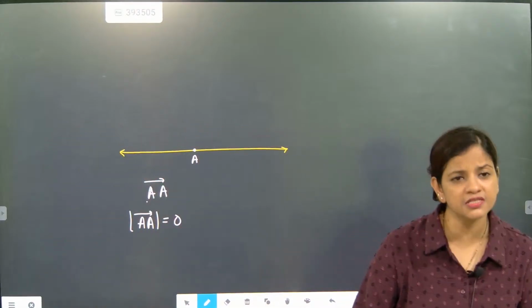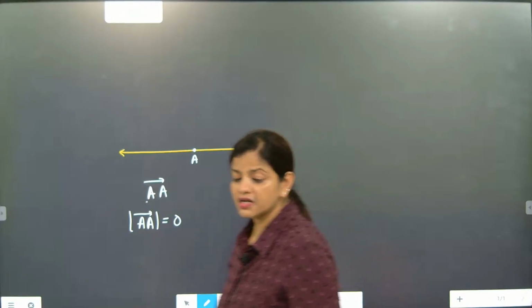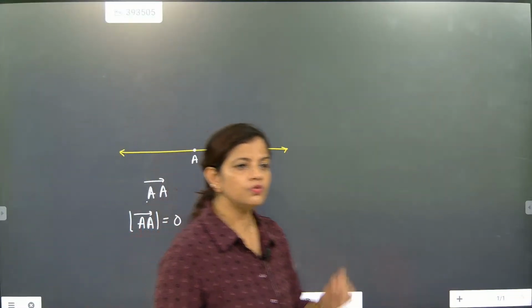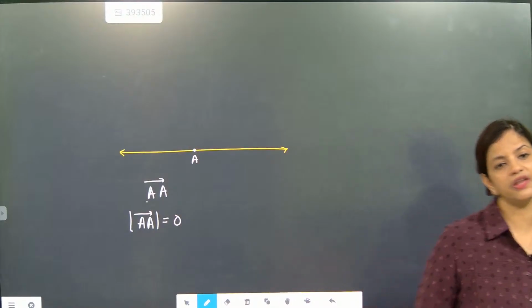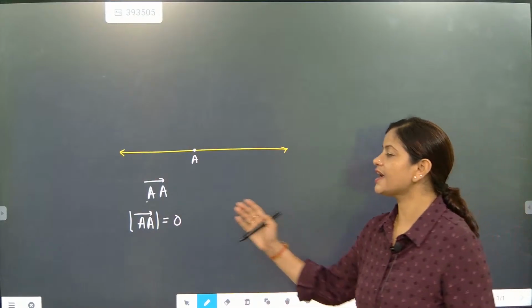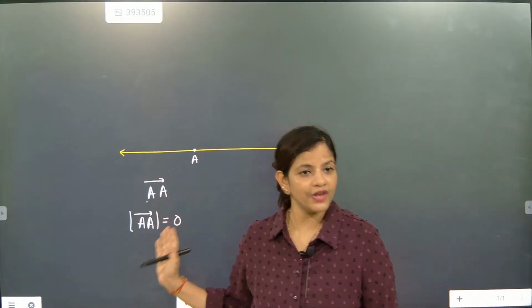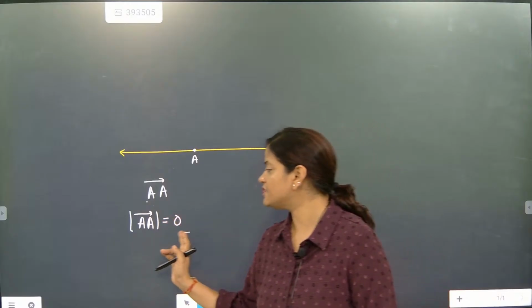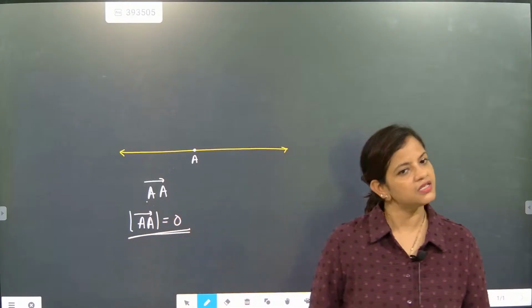Simple tricks, simple technique. If a vector question comes, beta, then 11th and 12th will become easy for you. So understand vectors very nicely. What exactly have you studied? The magnitude of vector AA is equal to 0, that means the magnitude will always come as 0.